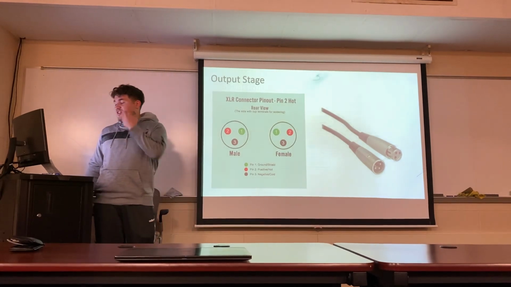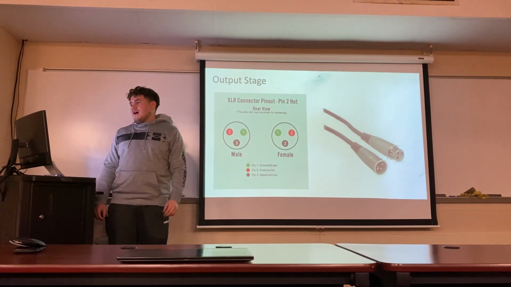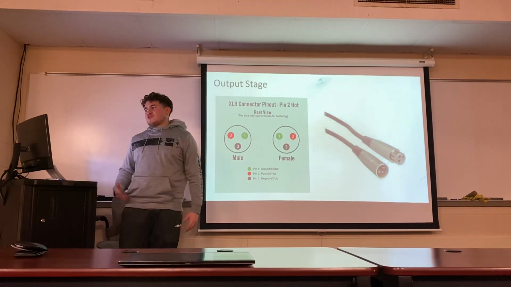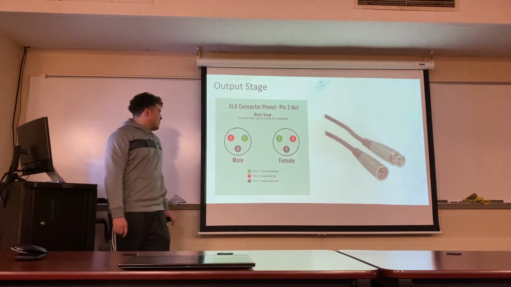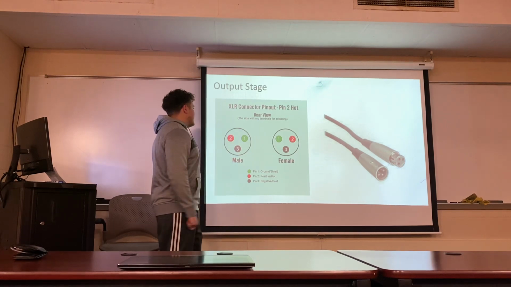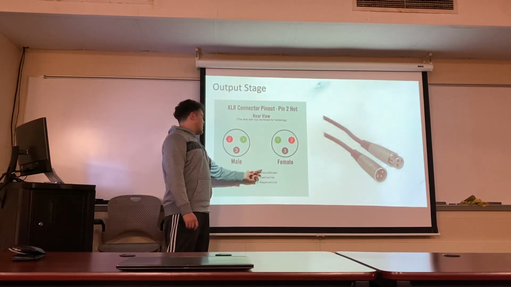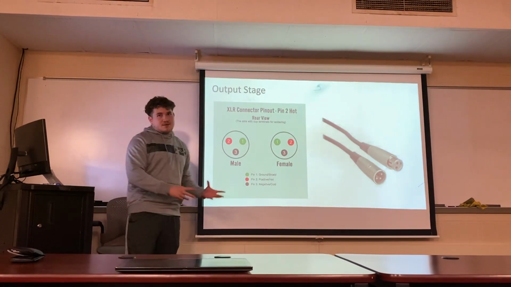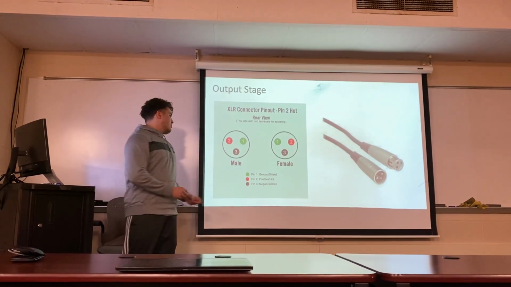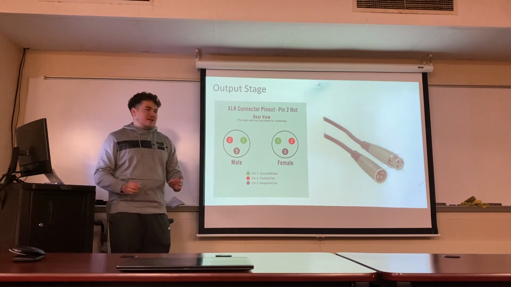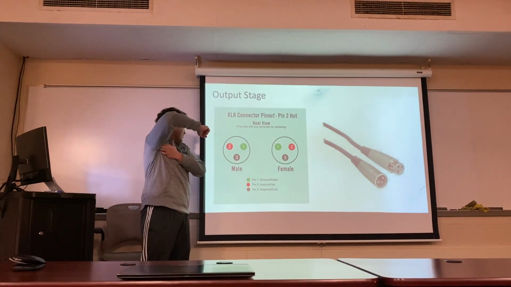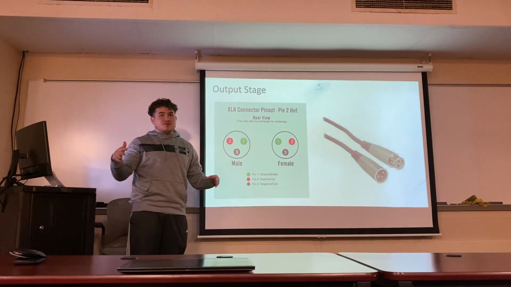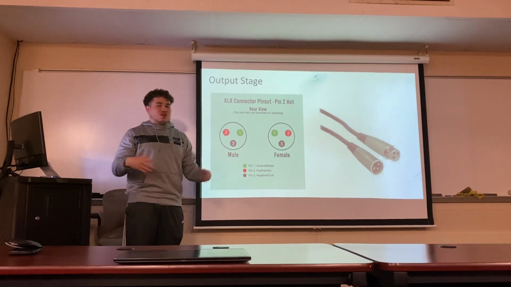So output stage. The most common type of output for these audio microphones is a 3-pin XLR connector. The way this works is you have your first pin right here, that's your ground/shield. It connects your circuit to ground, but what it also does is it stops any interference from any outside signals that may be passing through the general area.